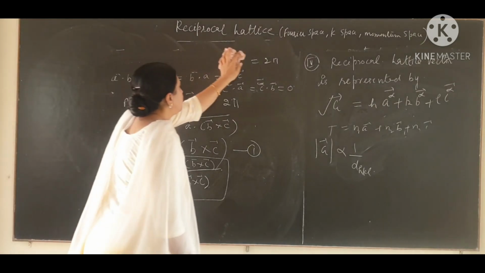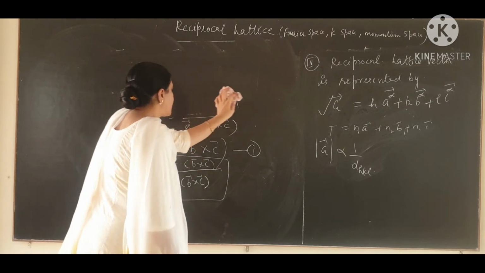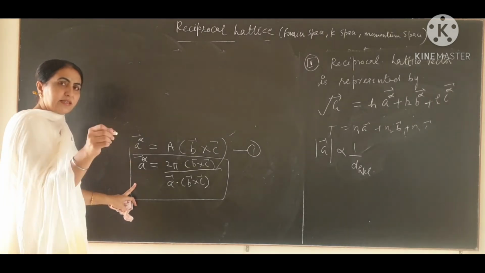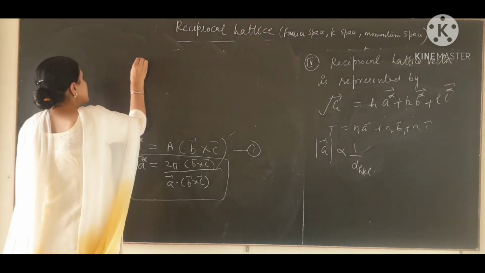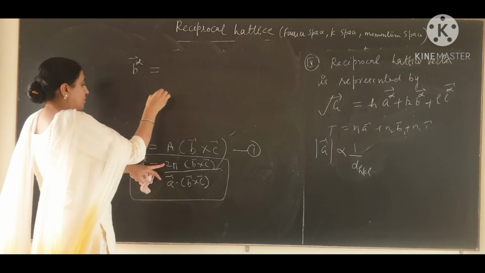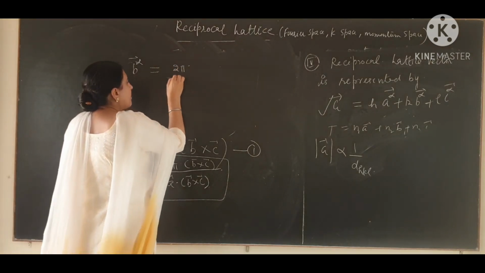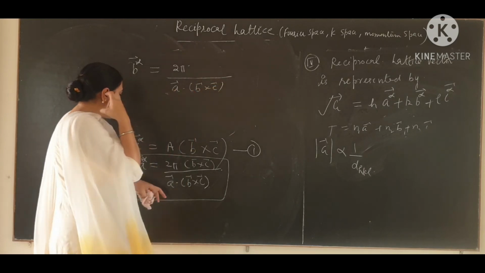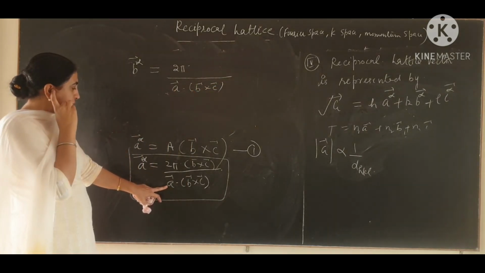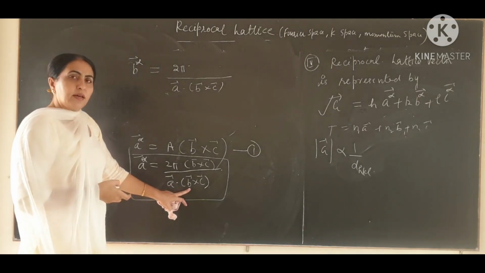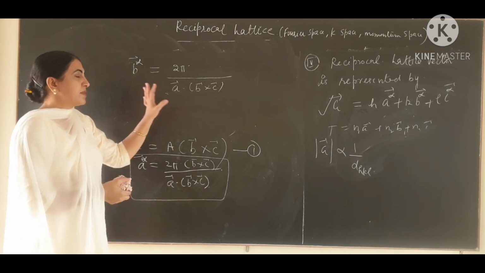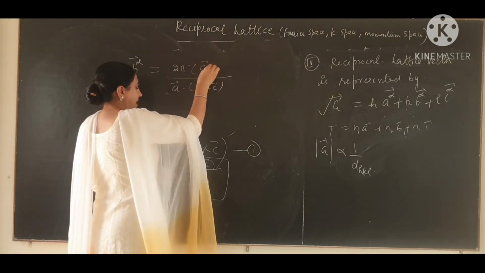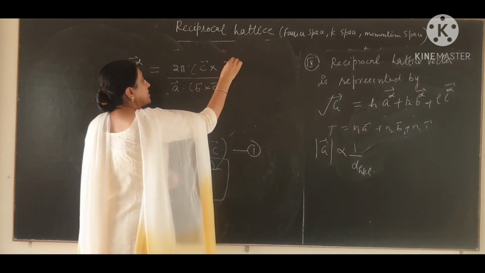So this is A star. Similarly, you can write B star and C star, which we have to use in the next articles. So B star is equal to 2 pi upon the same A dot B cross C, times C cross A. Instead of A you can write B, and instead of B write C; the result will be the same.